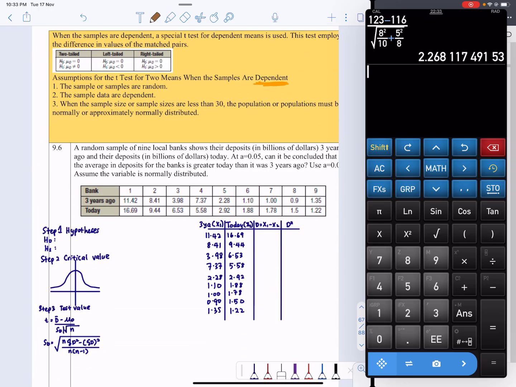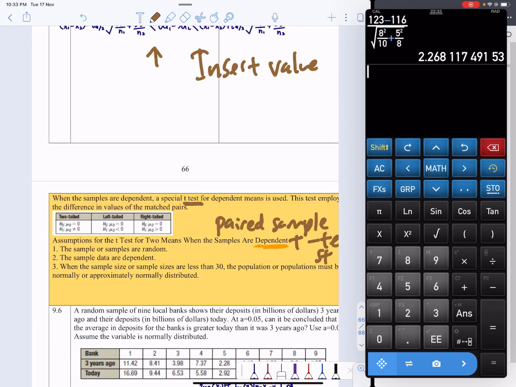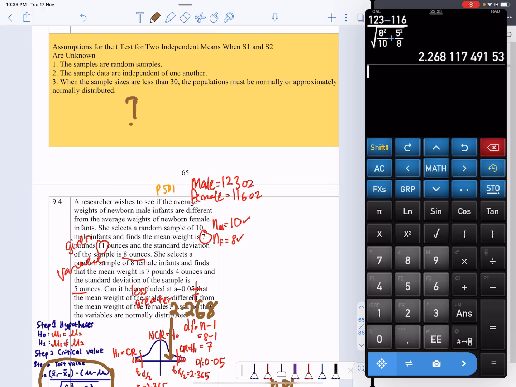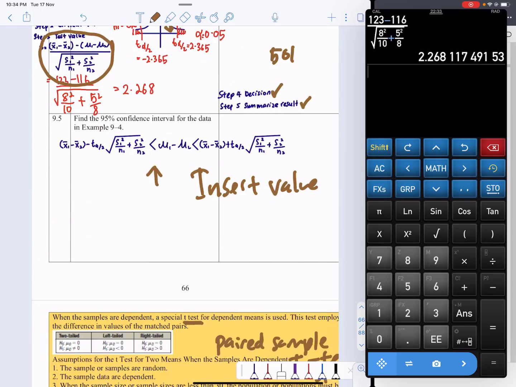Okay, now we move to another part of T test. This one we call a paired sample T test. This one is also been called as independent sample T test.